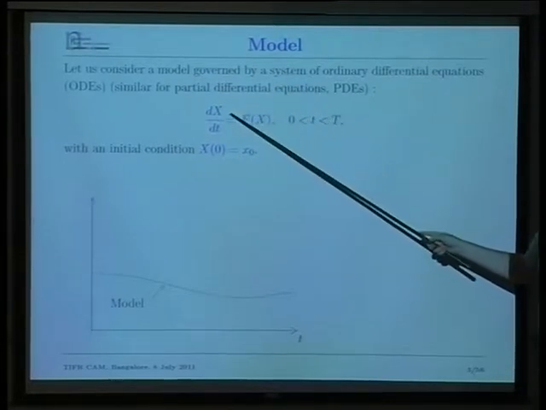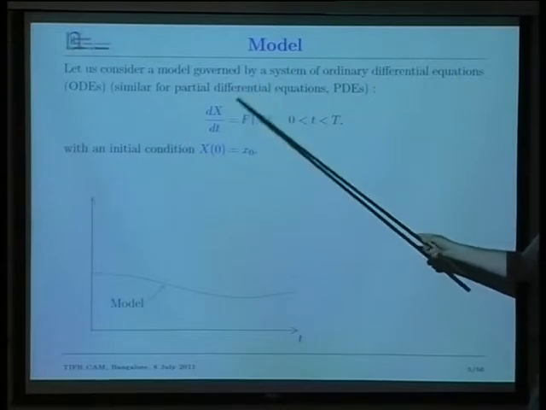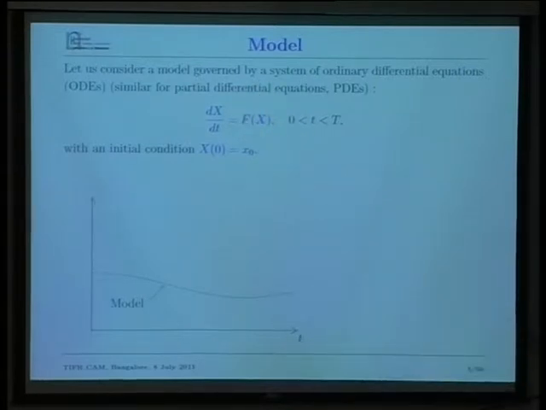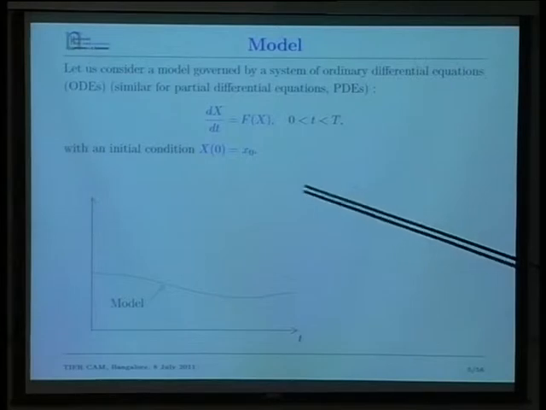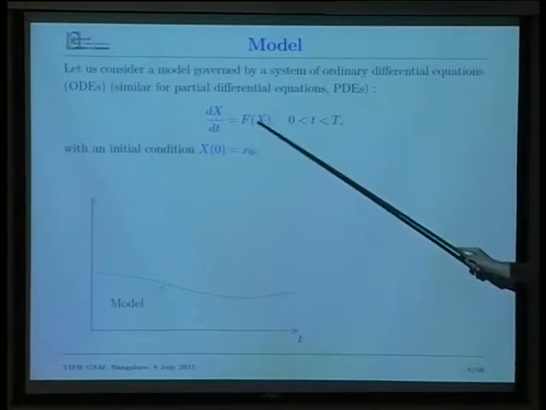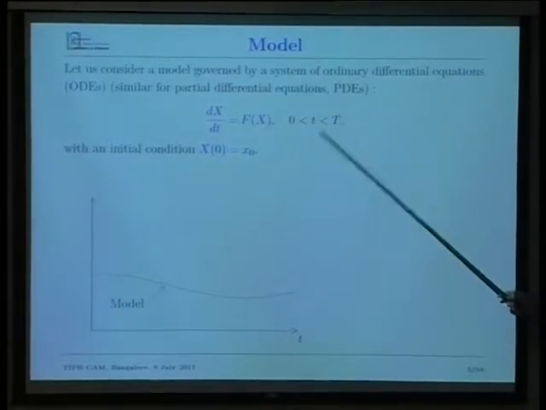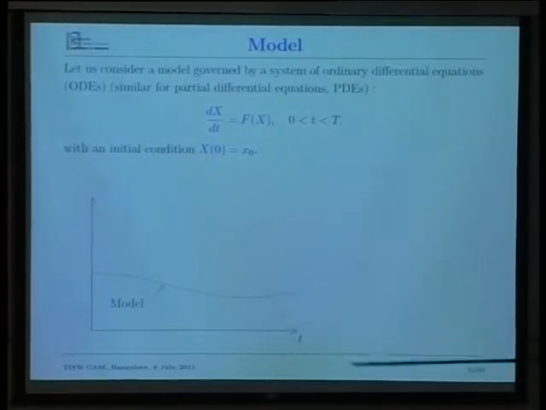You can even write Navier-Stokes equations like that. And I assume that there are no unknown model parameters at that time. So from an initial condition, you can integrate this model from time 0 to capital T, and you get a solution.